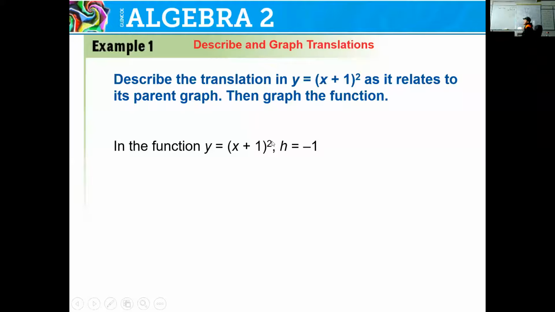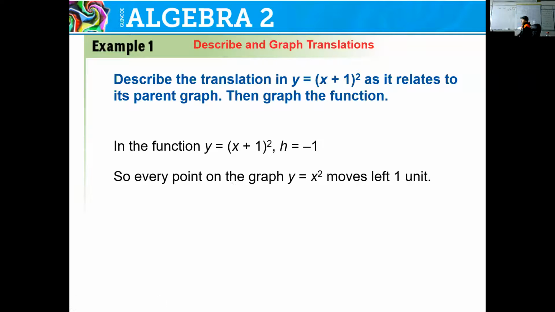So in the function y equals (x plus 1) squared, the value of h, the horizontal factor, is equal to -1. That's what causes it to be a plus, because anytime you're subtracting a negative, it really turns into plus a positive. Okay, and since we have that factor of -1, it's moved 1 unit left.